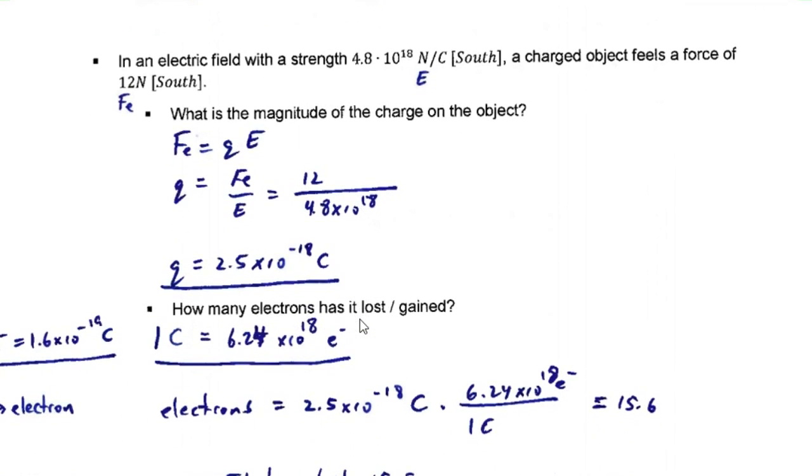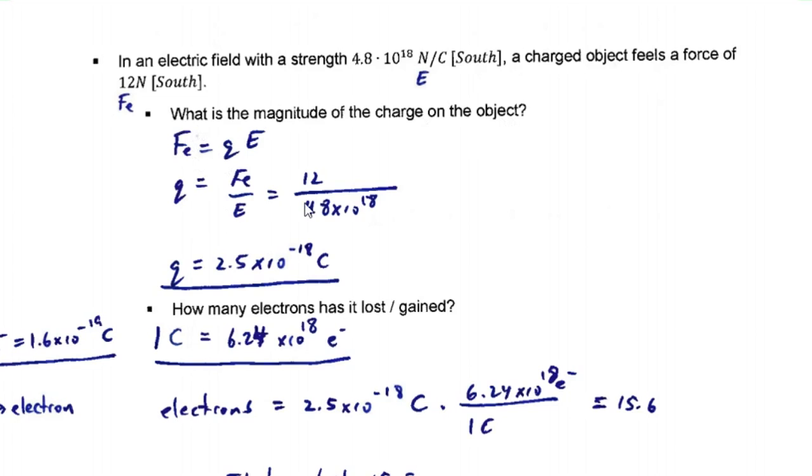For this next example, an electric field with a strength of 4.8 times 10 to the 18 newtons per coulomb is facing south. So this is our electric field right here. A charged object feels a force of 12 newtons south, and so that is our electric force. Now we're looking to find the magnitude of the charge on that object.